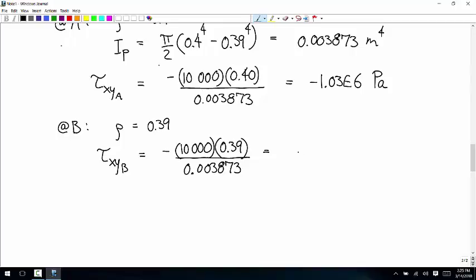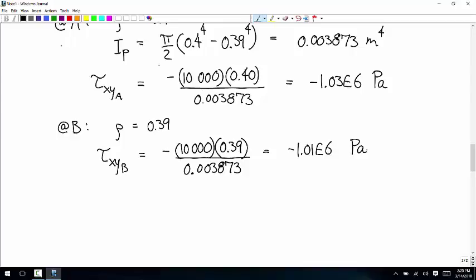And what do you get for that? Okay, so you can see percentage-wise, the stresses at the inner and outer walls are a lot closer now that we have those smaller walls.